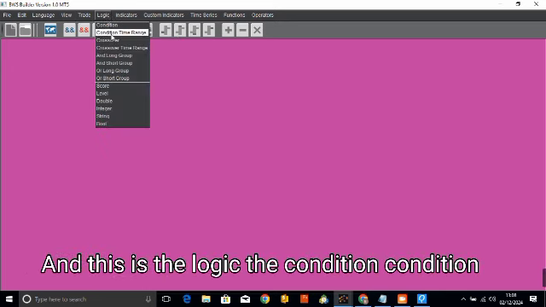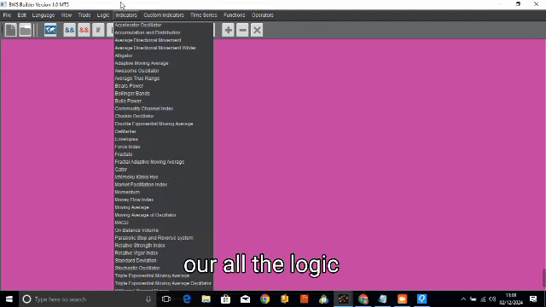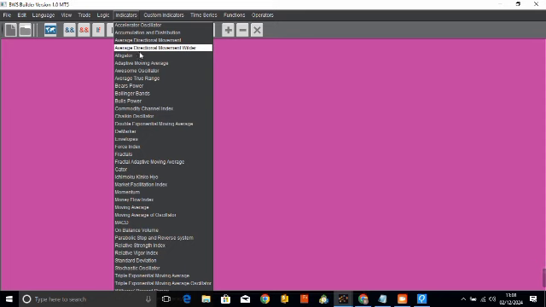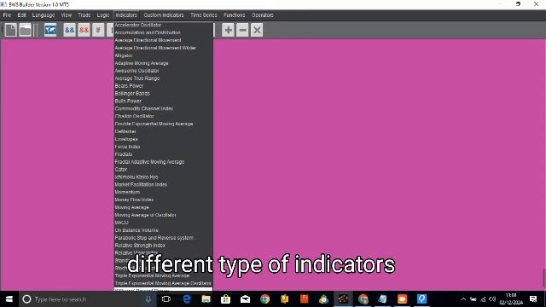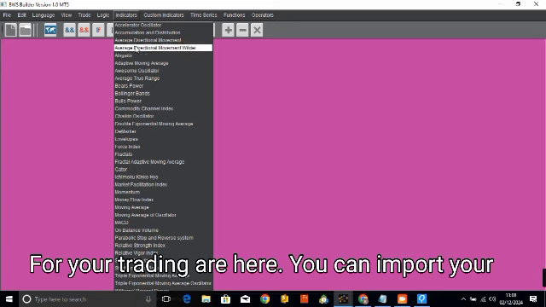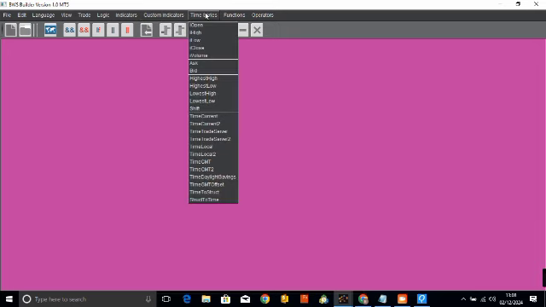And these are the logic: the condition, time reach, crossover, time reach. All the logic units are here. Now different types of moving averages, different types of indicators for your trading are here. You can import your custom indicator.